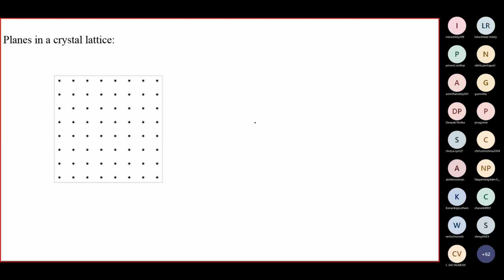What are these planes? Let's say this is a three-dimensional lattice. That means these atoms, whatever have been arranged, are coming out of the screen or entering into the screen. It is a three-dimensional lattice. Now, how to construct this lattice? Very simple. You start from here.